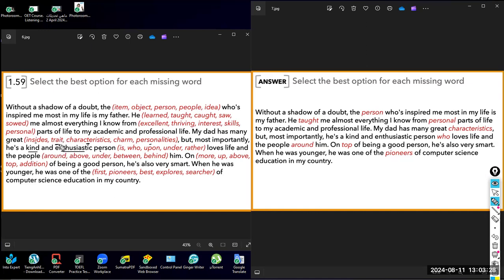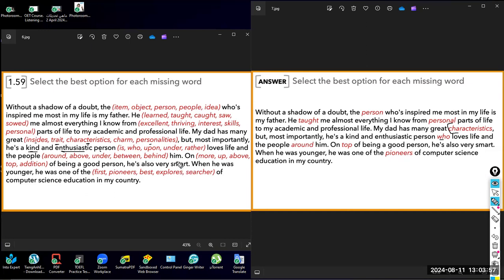I cannot say trait because trait is singular, only one, and here I have two. So it's not insights, for example, because I'm talking about characteristics, and because the writer mentioned two examples about characteristics, I have to know that the correct answer is characteristics. Okay? But most importantly, he's kind and enthusiastic, as I told you, a kind and enthusiastic person who.